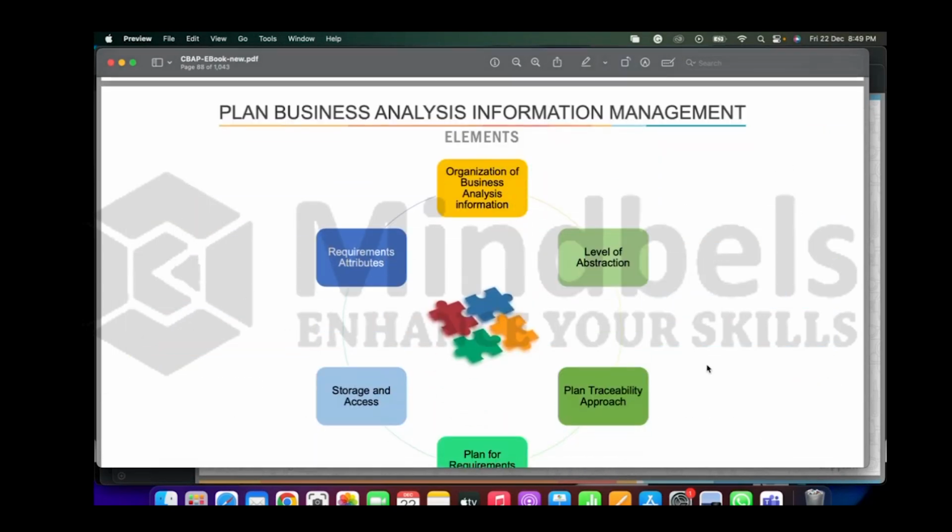Now these are your elements: organization of business analysis information, level of abstraction, plan traceability approach, requirements, storage, access, attributes. When you are planning business analysis information management, you need to keep in mind that you have a list of requirements, attributes, and a plan for how to store and access them in future.